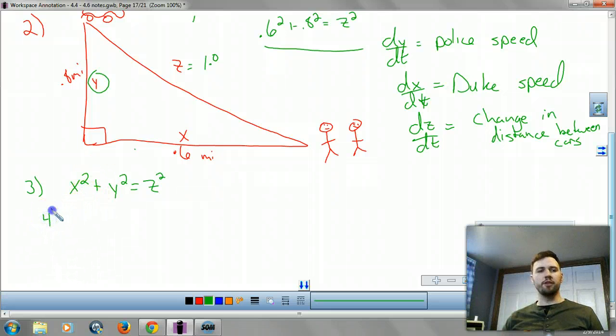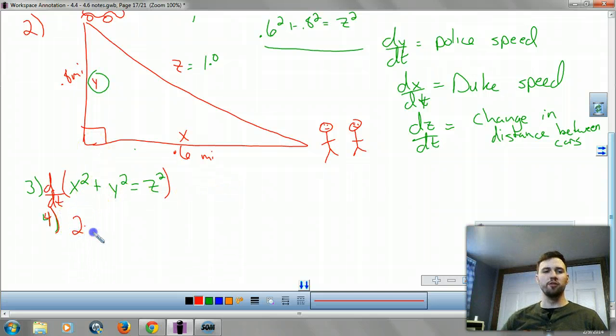So for 4, you take the derivative in terms of time. Doing implicit differentiation, you get 2x, derivative of x over derivative of time.